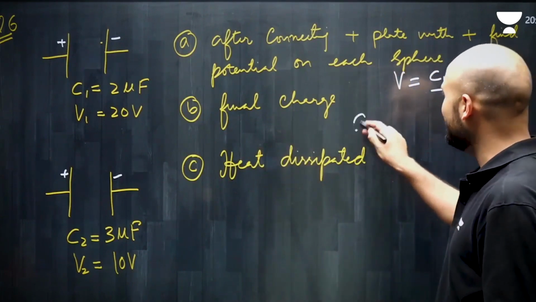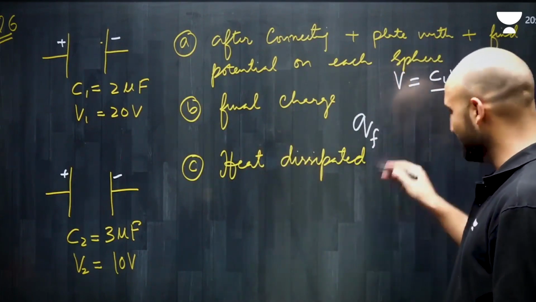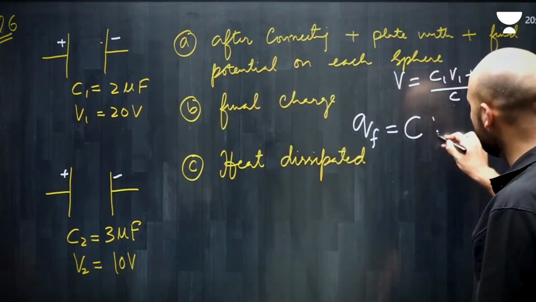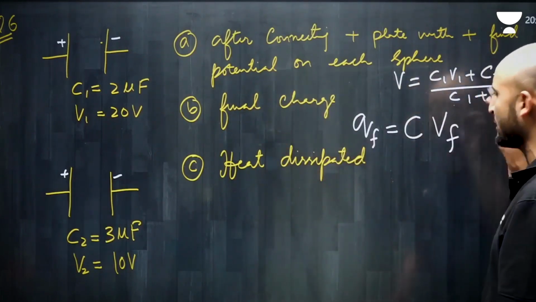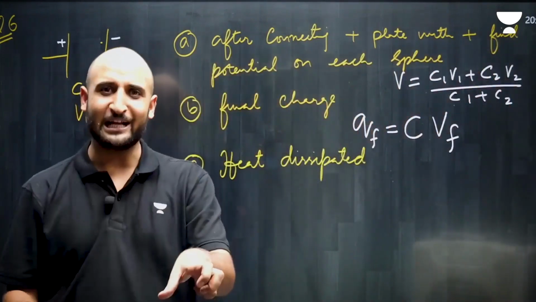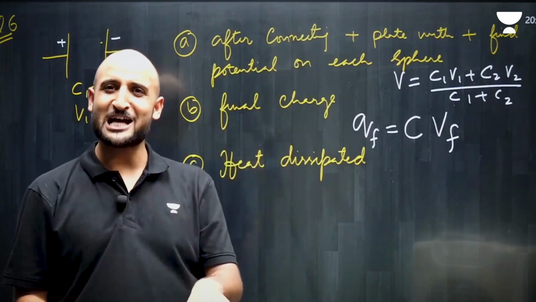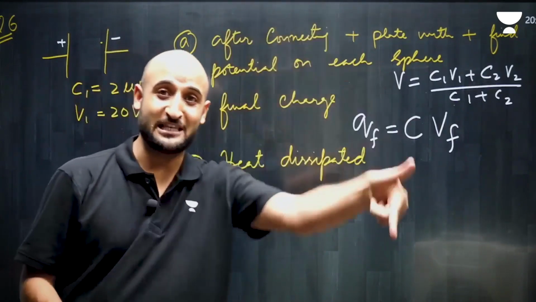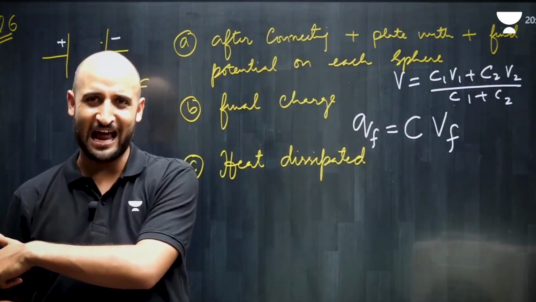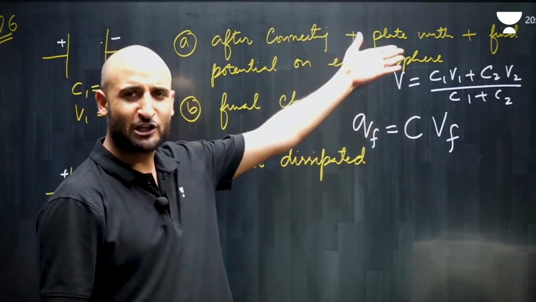Final charge is equal to the capacitance of the capacitor into the common potential, or the final potential, which is actually the common potential. So you don't need to rely on that equation that final charge is equal to total charge into C1 divided by C1 plus C2, which we wrote earlier, right? Now it is simple. You got the common potential.